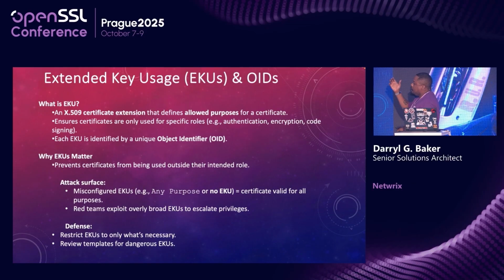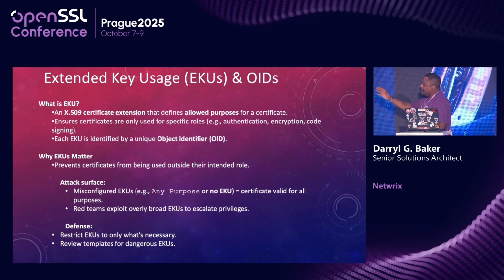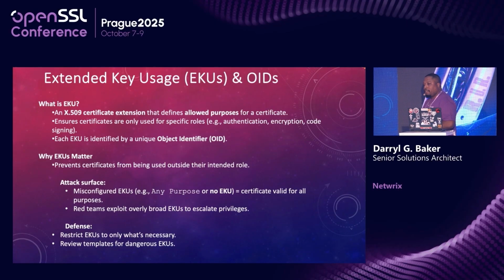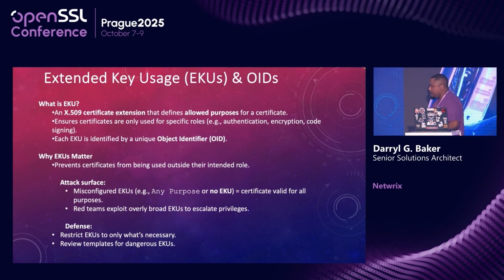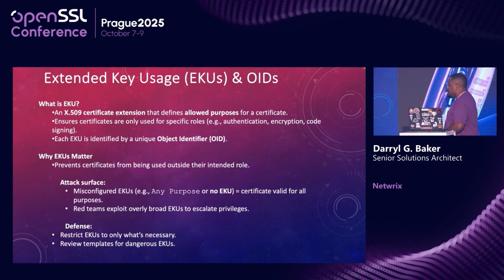That opens up an attack surface for attackers if they can find certificates that have misconfigured EKUs. In the case of Windows specifically, if I'm on a computer and I see that the computer certificate has a misconfigured EKU, I know with high probability that all computer certificates based off that same template also have that misconfigured EKU.